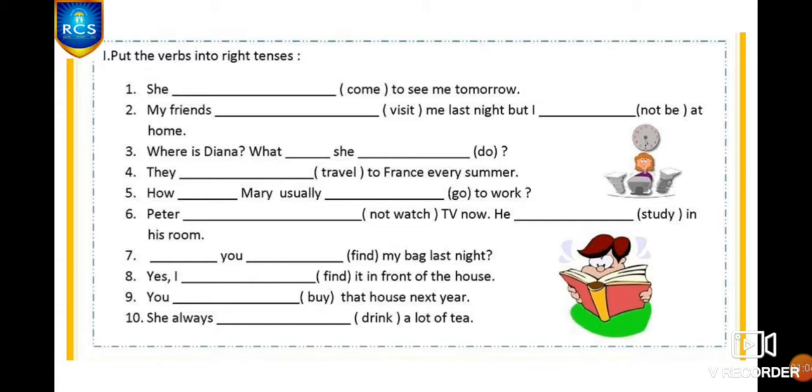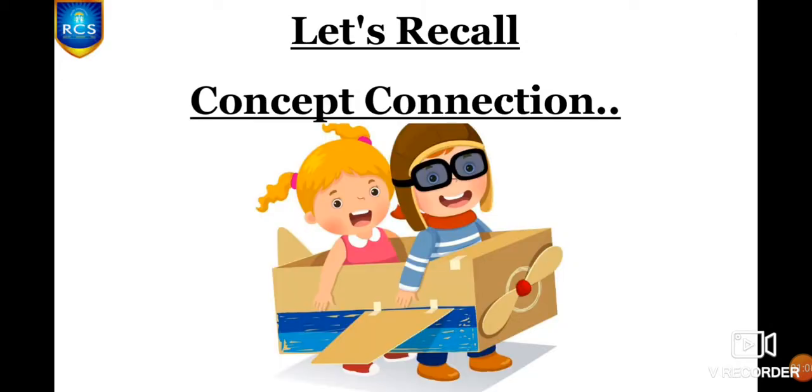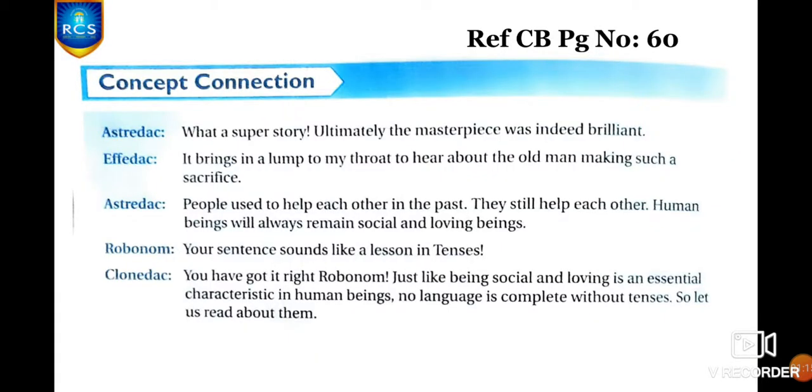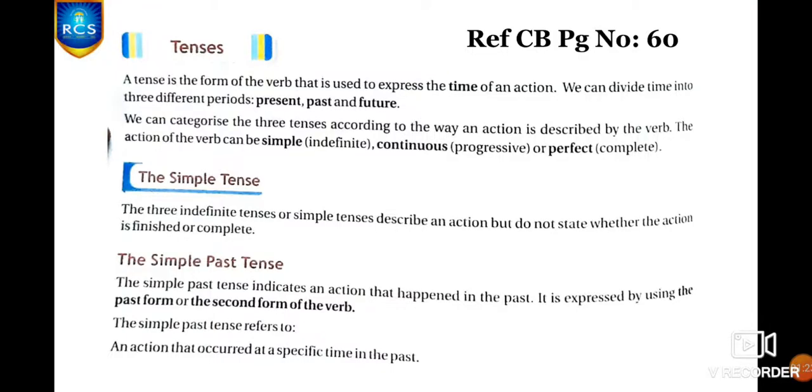Now let's recall the concept connection we learned in our earlier session. Here the aliens and Robonorm were discussing tenses, and we are going to learn about tenses. A tense is the form of the verb that is used to express the time of an action.